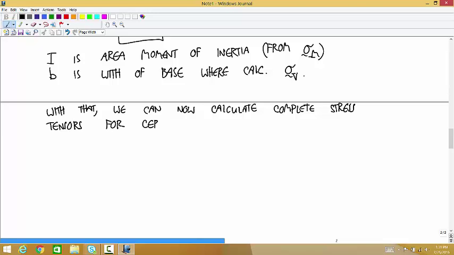Remember, this isn't true generally for beams, but we can do it for some beam problems with no torque. No torsion.